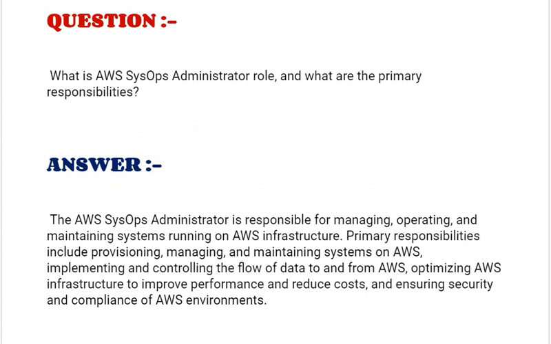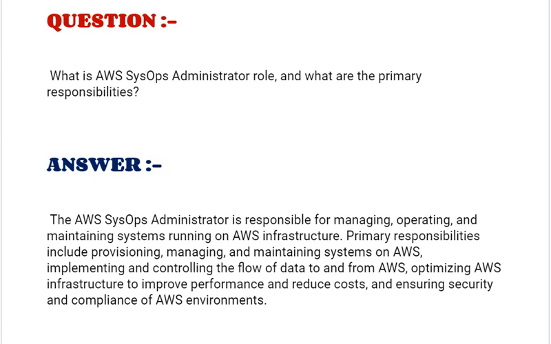Our interview question based on SysOps Administrator Associate is: what is the AWS SysOps Administrator role and what are the primary responsibilities? Your answer should be: the AWS SysOps Administrator is responsible for managing, operating, and maintaining systems running on AWS infrastructure.